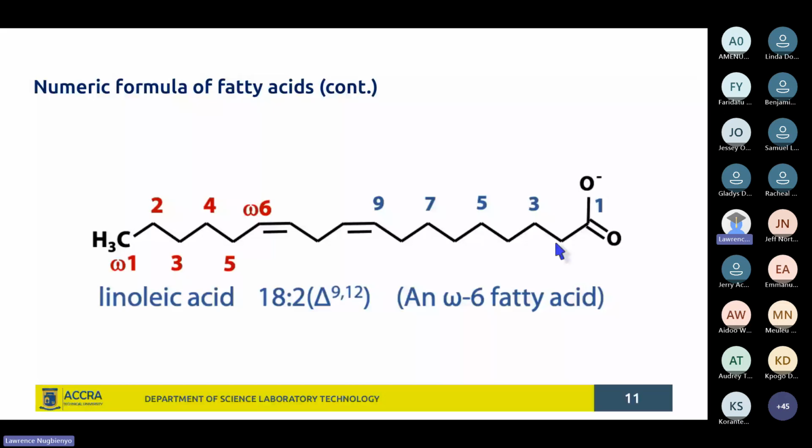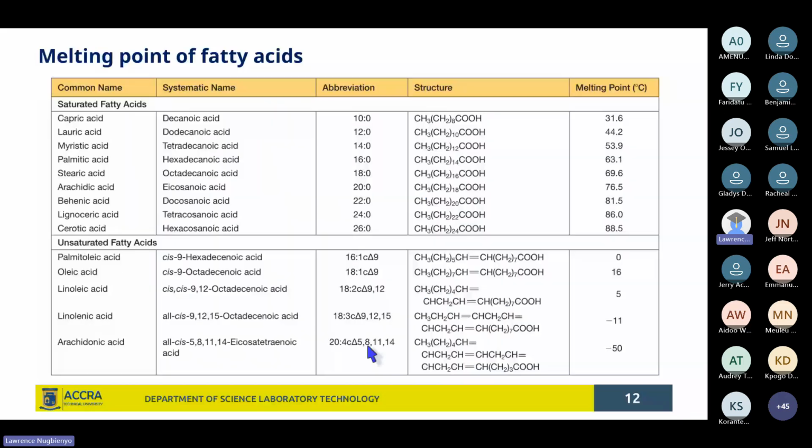All right, now we want to pay attention also to the dependence of the melting point of fatty acids on the number of carbons that are present in the fatty acid, as well as the number of double bonds that are present in the fatty acid.